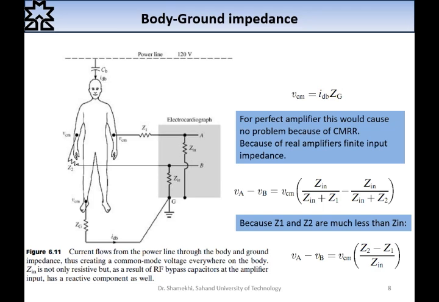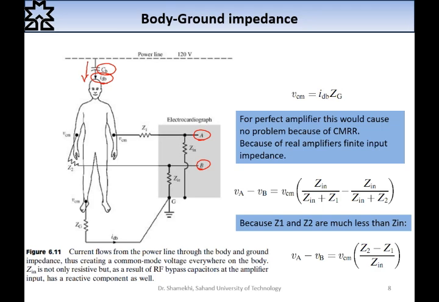In this slide, we will consider the leakage current from the power line to the body. As you can see, directly the current flows through the body, and also we have a stray capacitance here, CB, and we have a current IDB. We should consider the voltage dropped on the input terminals of the amplifier.